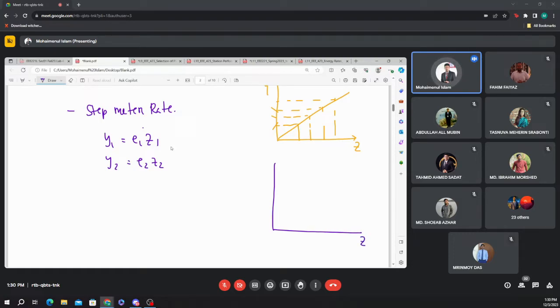So the graph should be like this. This is our Z, this is our Y. Suppose for someone with type 1 load, he should pay considering this straight line. Another load owner may be charged considering the second straight line, and another person considering the third straight line.